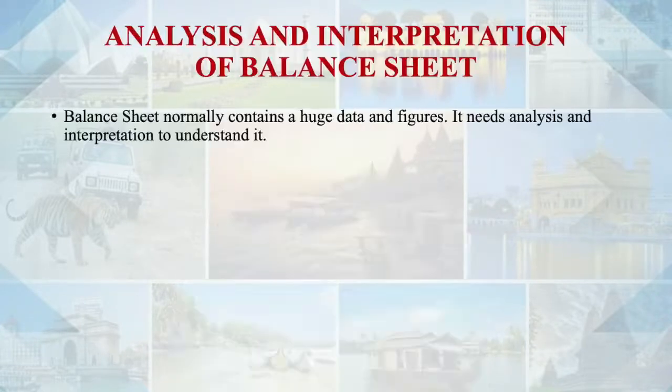So now, let us start with the analysis and interpretation of the balance sheet. The balance sheet normally contains huge data and figures. We have already seen that the balance sheet can have a number of different types of assets, and different types of liabilities also.